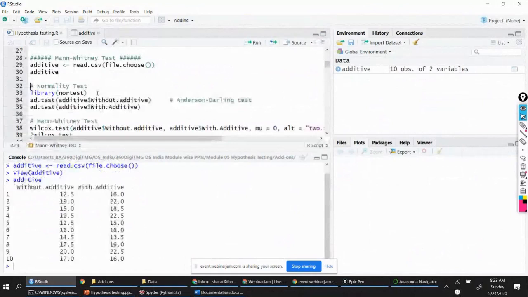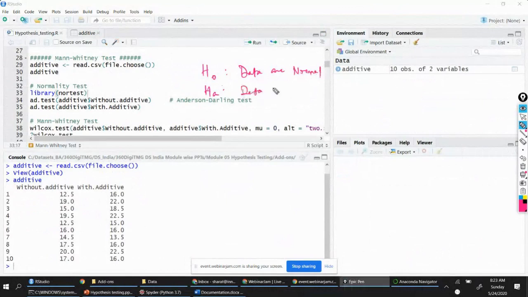So let us see this. The first thing we need to do is the normality test. When we are doing the normality test, we check whether the data is normal or not, right? So again, verification. We write the null hypothesis and alternate hypothesis. The default assumption for the normality test is that data are normal.